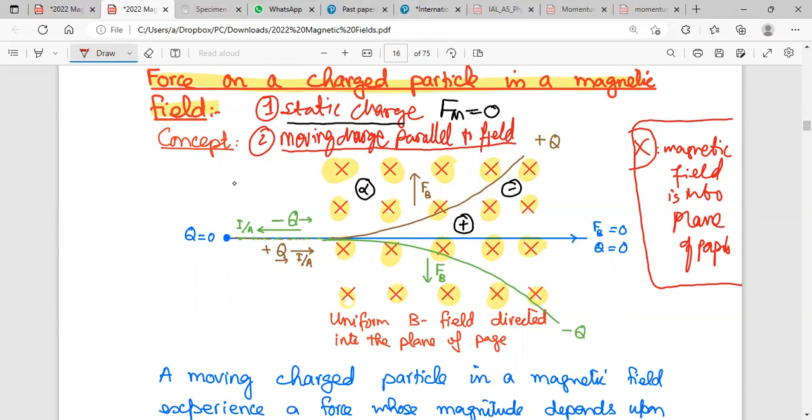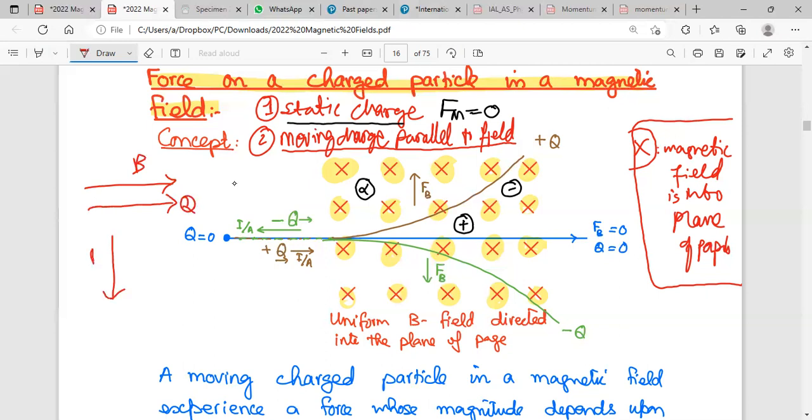So let's say a charge is traveling parallel to that. It means the charge is moving into the screen parallel to the magnetic field lines, or it can be that the charge is coming out of the screen. It is moving, but exactly parallel. If this is the magnetic field line, the charge is also moving like this.